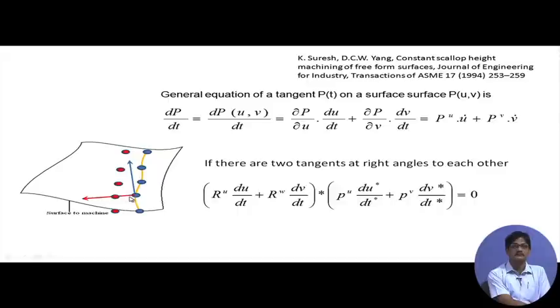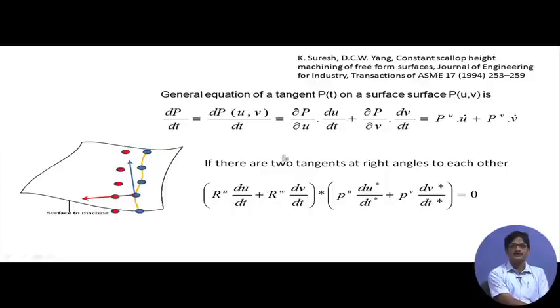So, we will say that tangential direction on the surface at this point, making 90 degrees with a cutter tangent. That particular tangential direction will mark the direction of the side step.